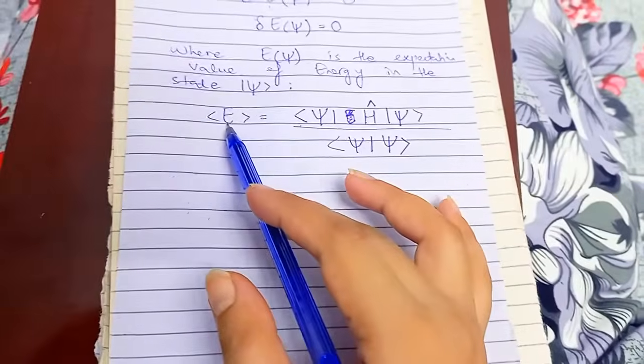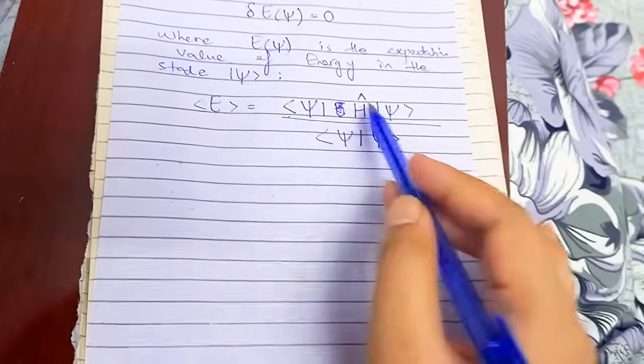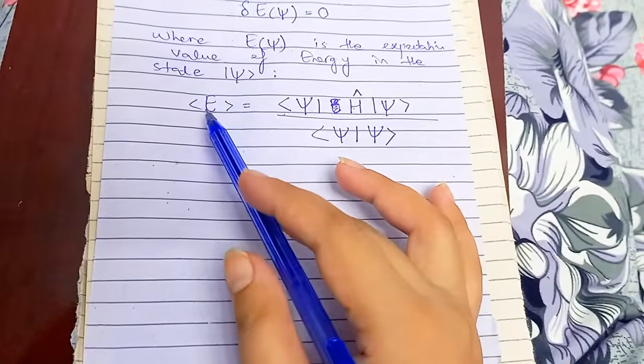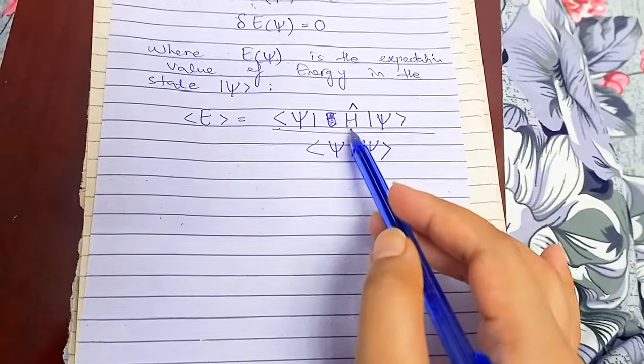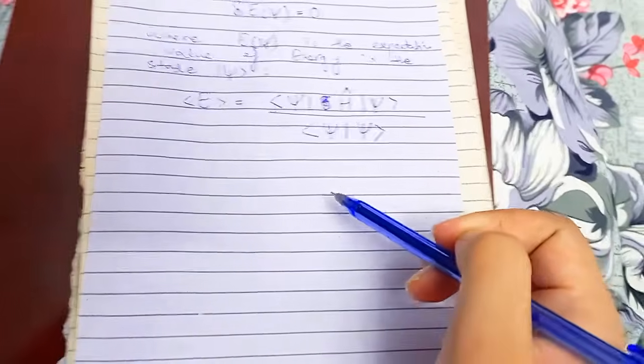For example, if you want the expectation value of momentum, you will write P here, and there will be a P operator here. So the quantity and the associated operator that gives that quantity is written here. The rest of the things remain the same.